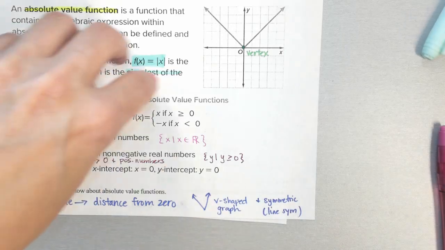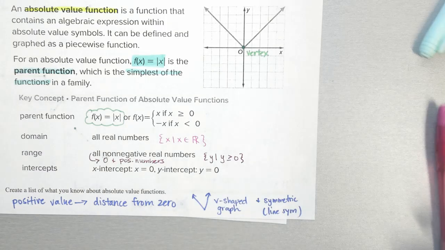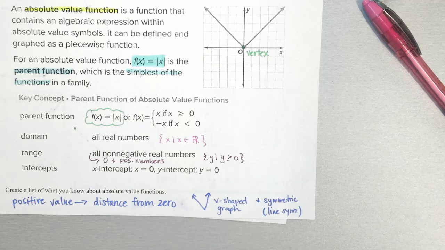Now keep in mind, when you're graphing these, you are graphing one part of it, so one window. So it might not look symmetric in the window that we're graphing, but it is going to be symmetric if we extend it.